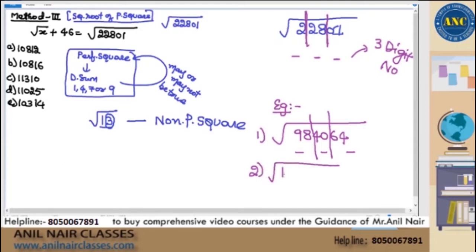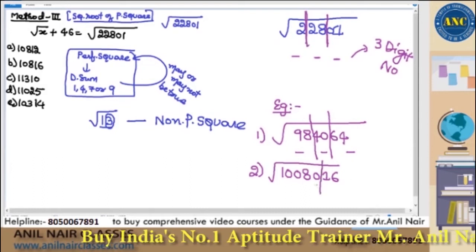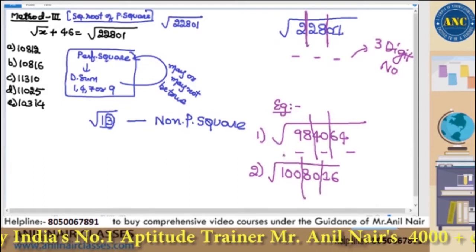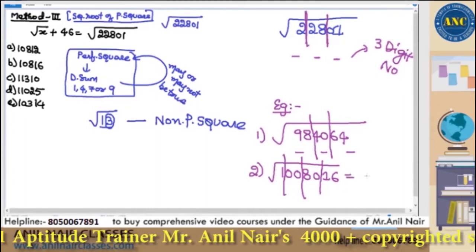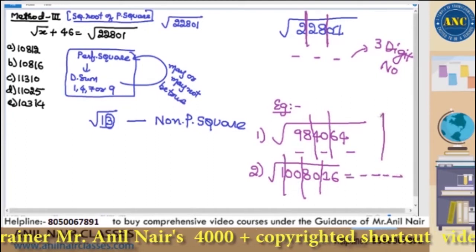Suppose the question is 108016, keep a slash after 2 digits. So the answer will have how many digits? 4 digits. Please write down this.